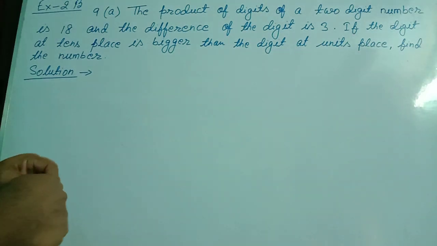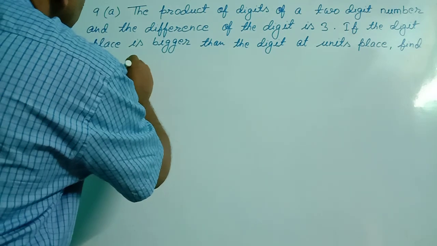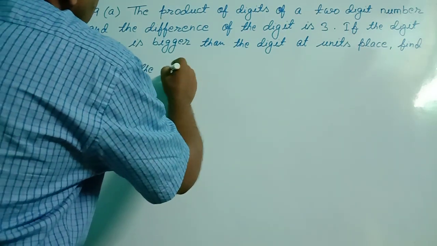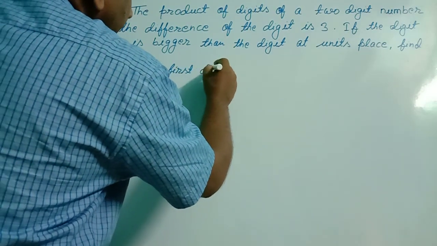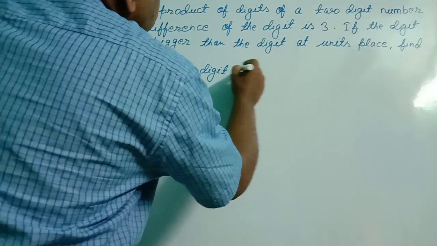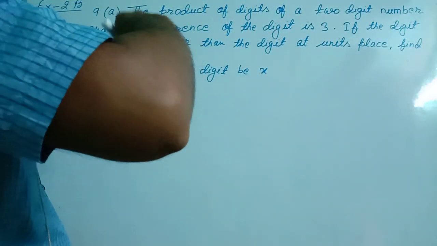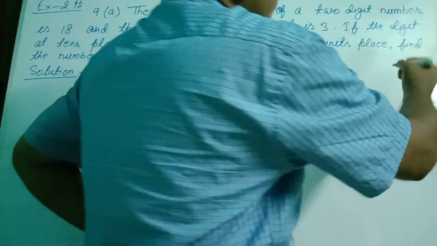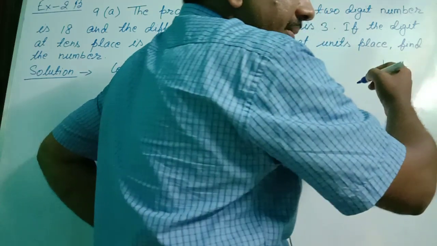Okay. Let the first digit be x, then the difference of these two digits is equal to 3. Say the second digit is y.